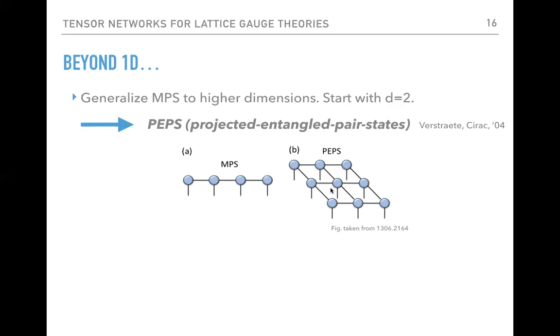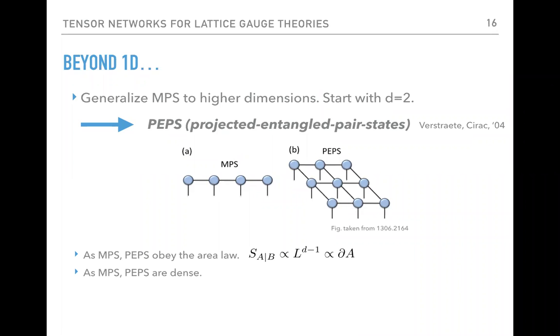And now your building block is not a matrix anymore with 2 virtual indices, but a tensor which has 4 virtual indices plus the physical index, the index that gives you the information about the state in which this degree of freedom is. In the same way as MPS, PEPS obey the area law of entanglement, which makes them good candidates for describing ground states.